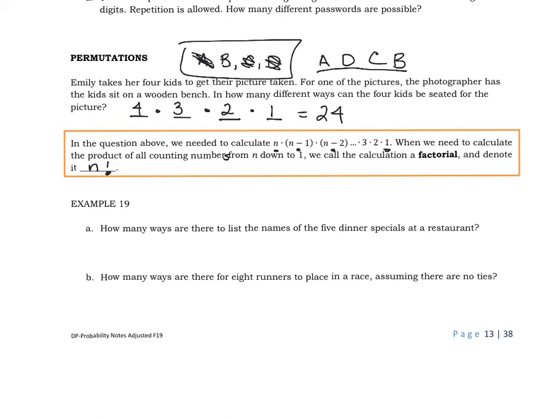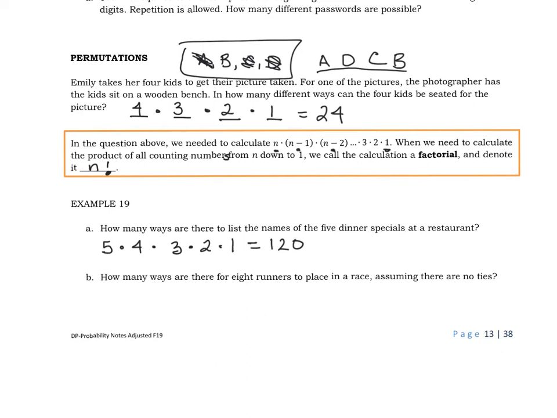So we have 5 specials. You write one of those down, and then now you have 4. Now you have 2 of them written down. 3, 2, 1. Now we'll talk more about the order mattering or not later on when we talk about combinations.